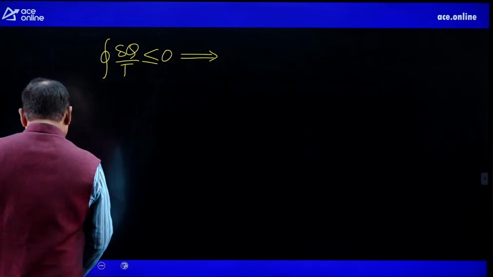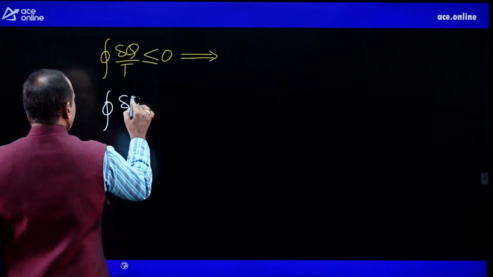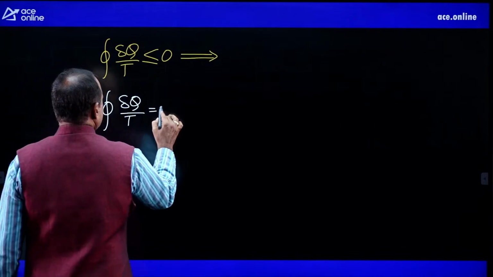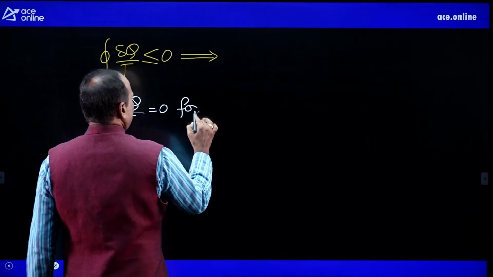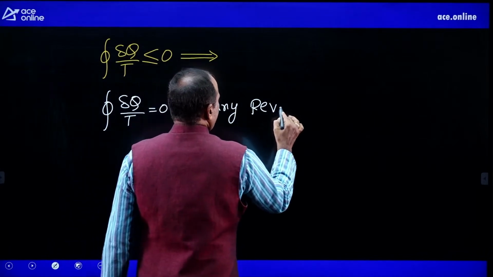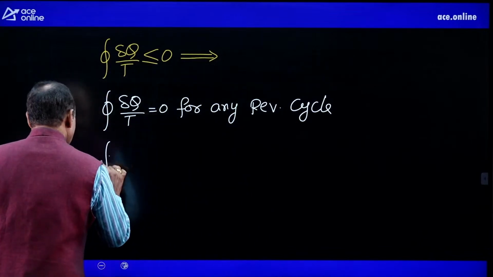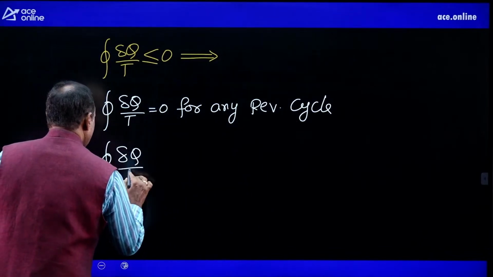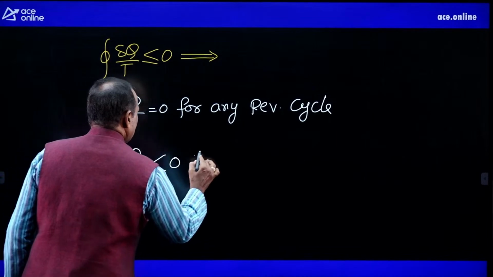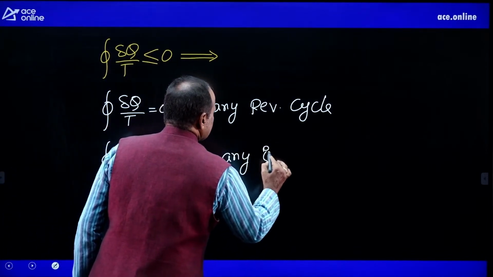Okay, dear friends, remember: cyclic integral del Q by T equals 0 for any reversible cycle. Next, cyclic integral del Q by T is less than 0 for any irreversible cycle.